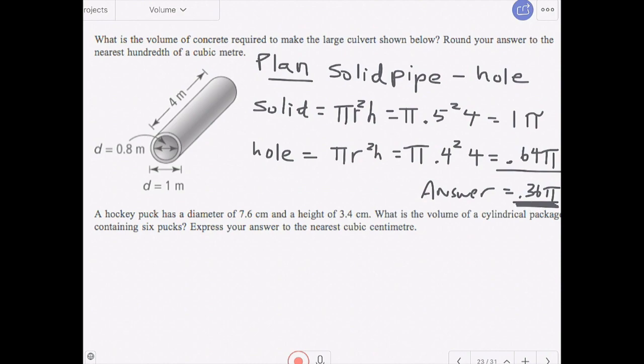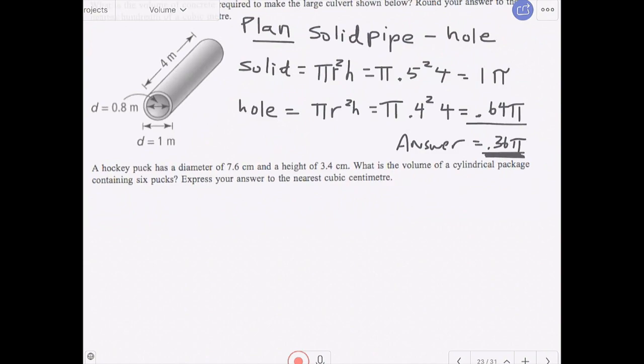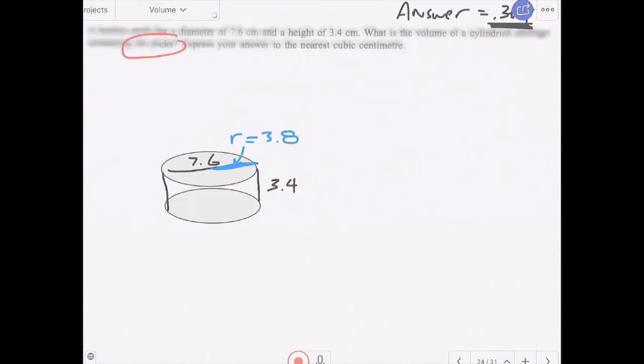In this last example, they're not giving you a picture, so I would recommend drawing a picture for it. Draw a picture of a hockey puck and answer the question, what would the volume be for a package that would hold 6 pucks stacked up on each other? So here's my picture of the hockey puck.